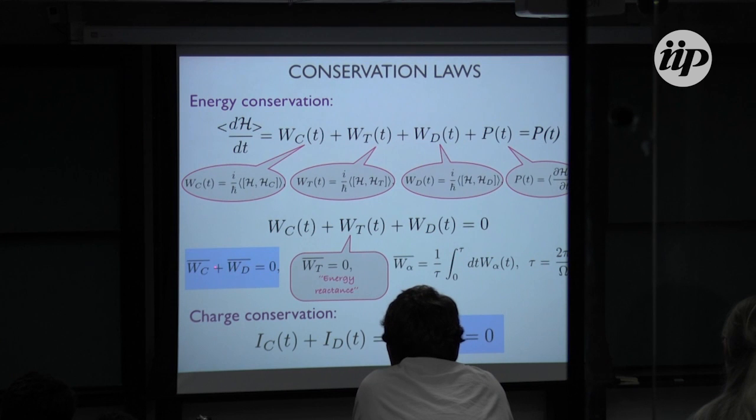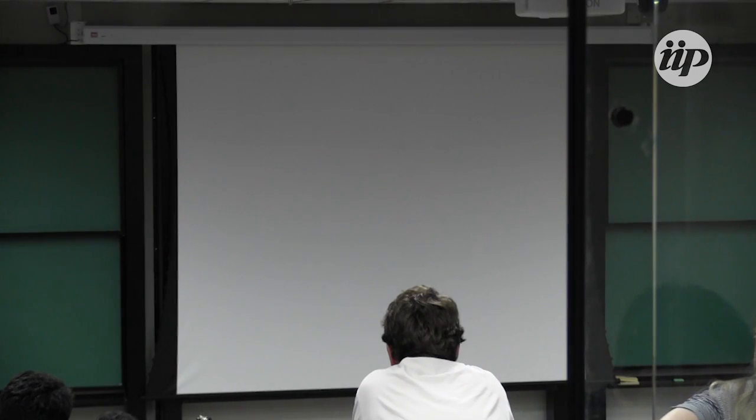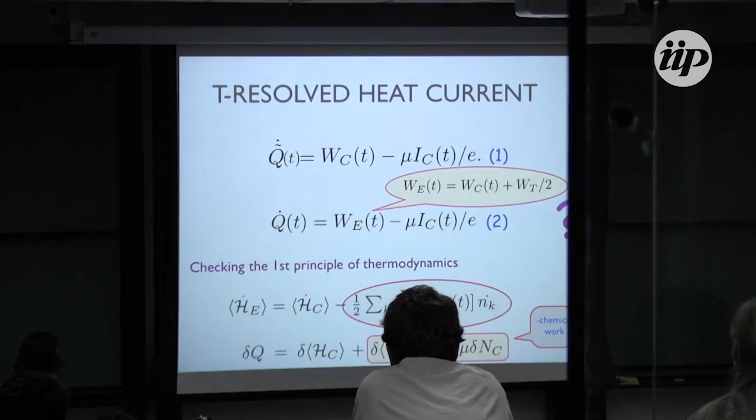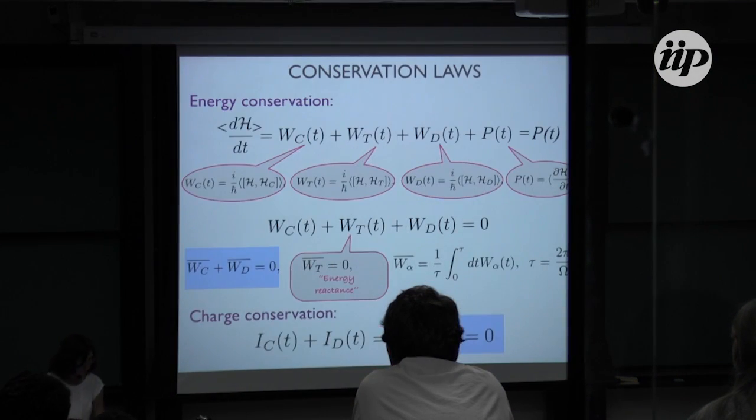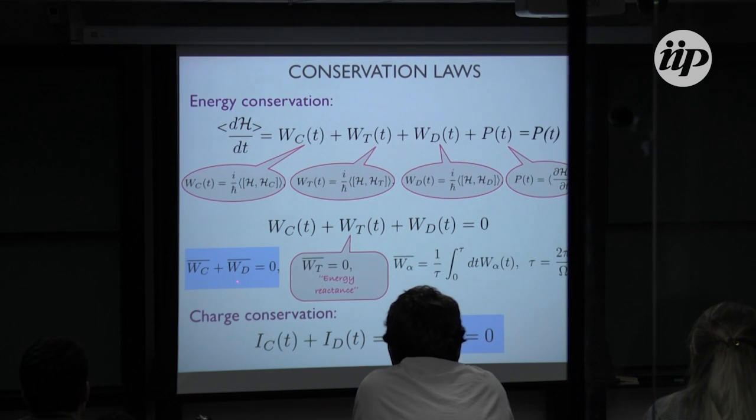So we only have that, on average, the flux into the reservoir is equal to minus the energy flux into the quantum dot. And so this term here plays a role only dynamically, only when we consider time-dependent quantities.